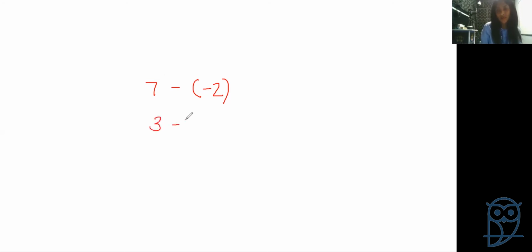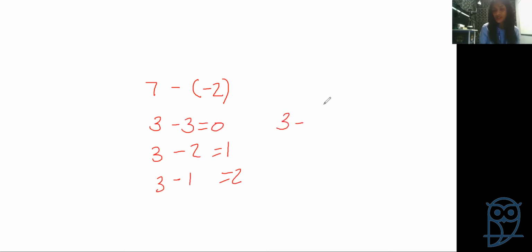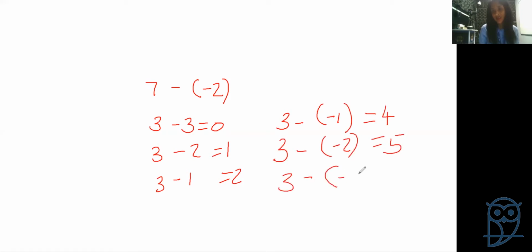If I say 3 minus 3 is equal to 0, 3 minus 2 is equal to 1, 3 minus 1 is equal to 2, and then I go on and I say 3 minus minus 1 is equal to 4, 3 minus minus 2 is equal to 5, 3 minus minus 3 is equal to 6.